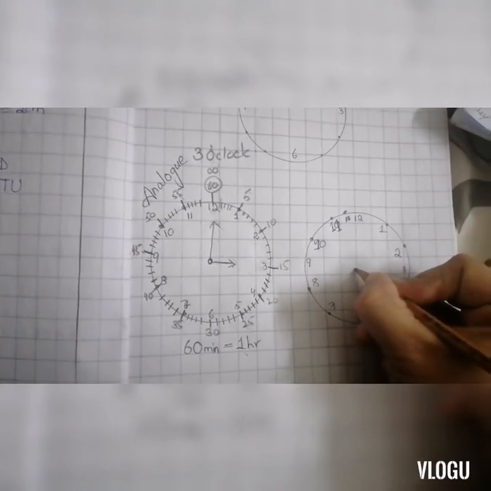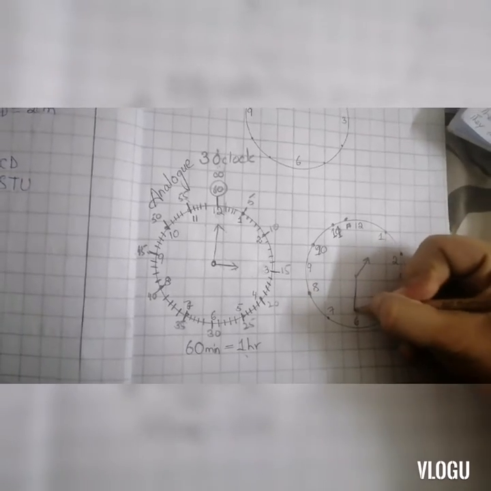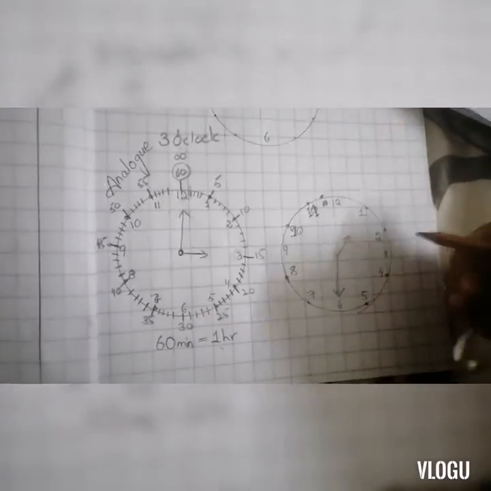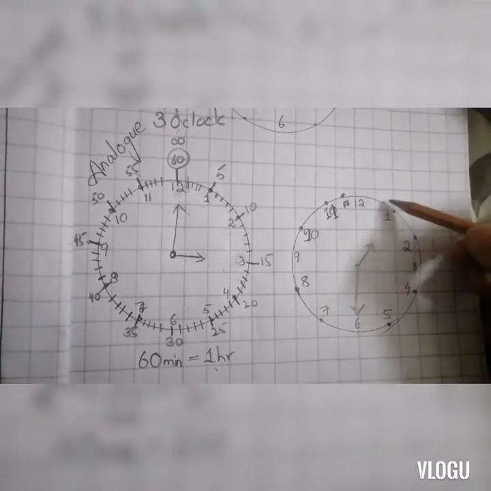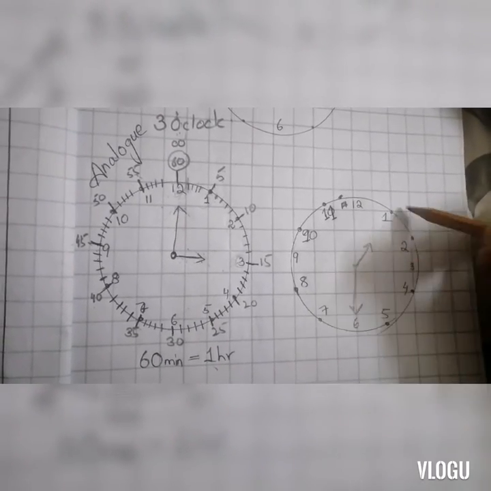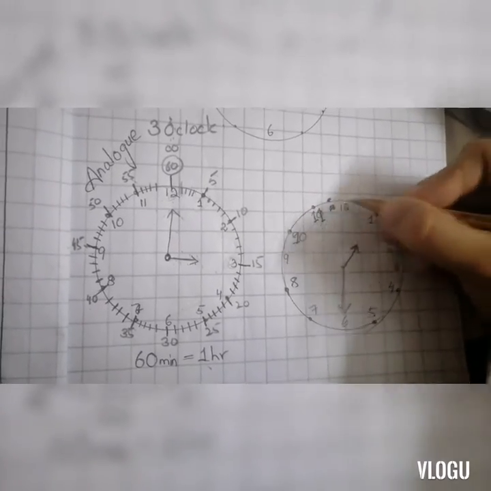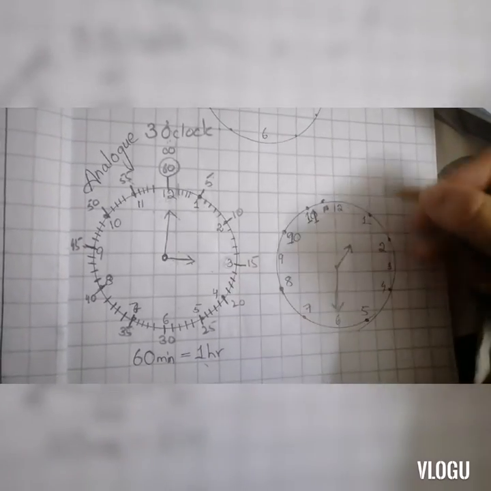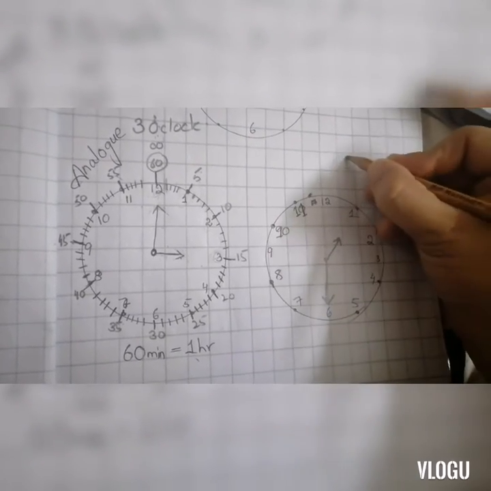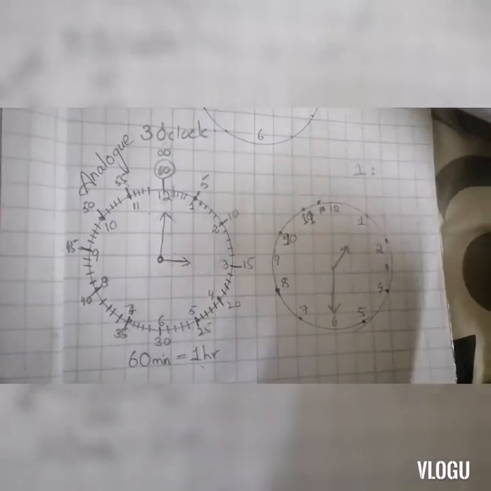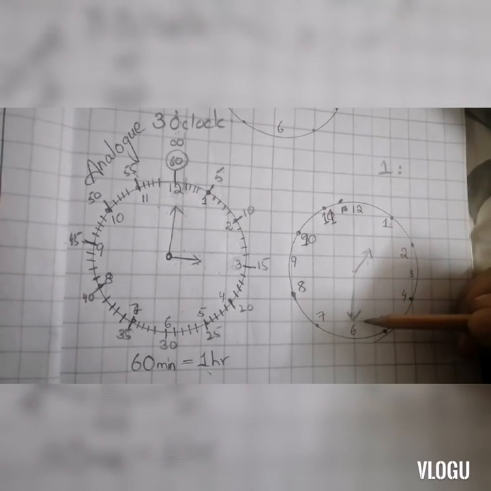If my small hand is on 1 and the long hand is on 6, here you can read the clock. First you will have to write the small hand, right? So the small hand is for hours, and the hour represents the hour. So first we write the hour, that is 1 hour. Then we will go for the second hand, that is the minute hand.